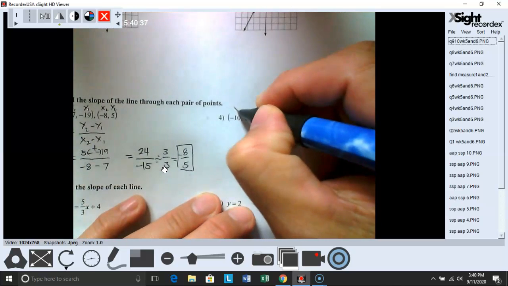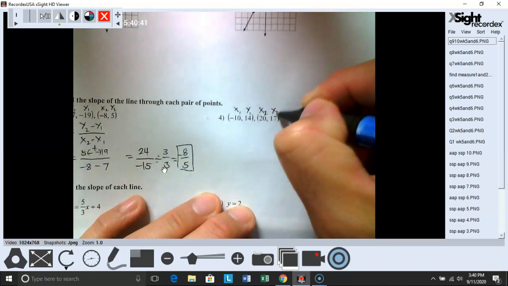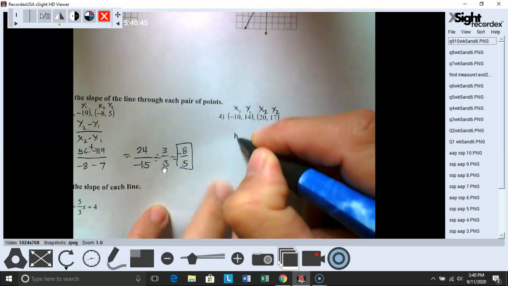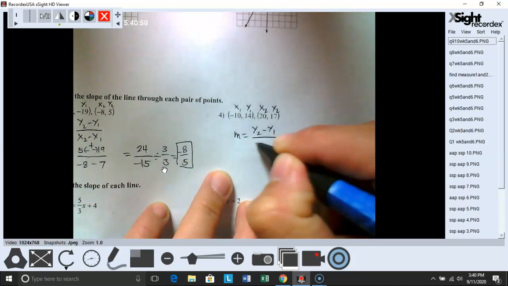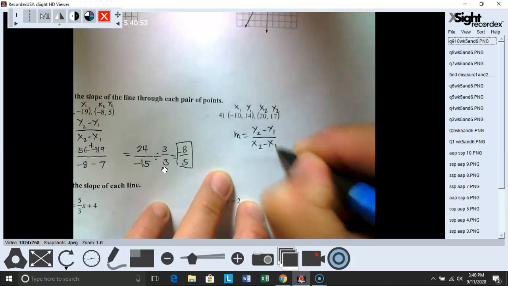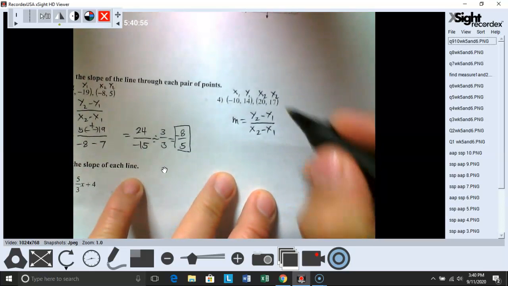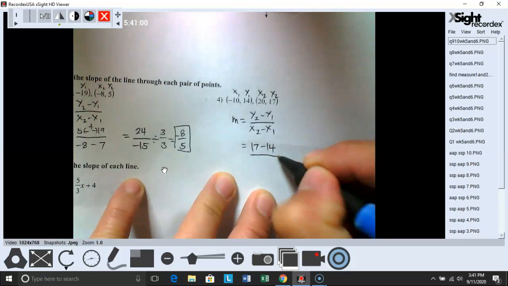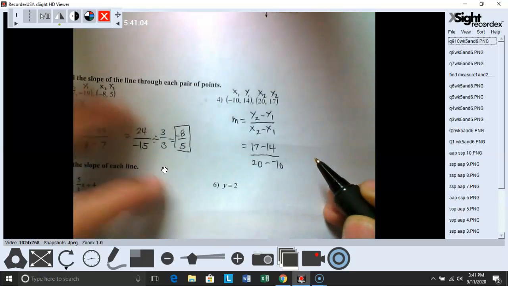Okay, number 4. Let's try to label this x sub 1, y sub 1, x sub 2, y sub 2. Let's try using our formula. Y sub 2 minus y sub 1, x sub 2 minus x sub 1, and substituting here, 17 minus 14 all over 20 minus negative 10.